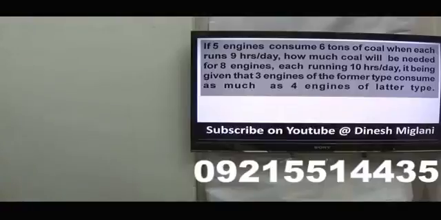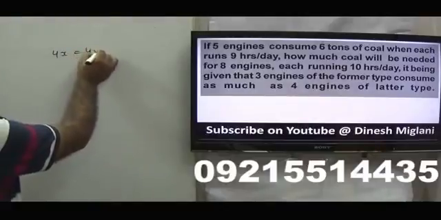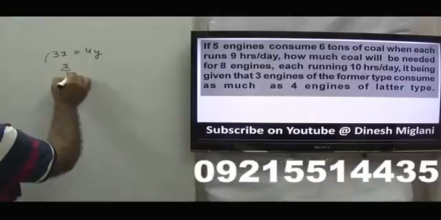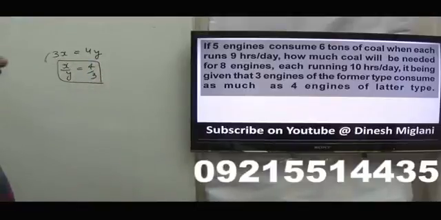That's the consumption rate. Let the former consumption be X and the latter Y. X upon Y is 4 by 3. So if former consumption was 4, the latter was 3.